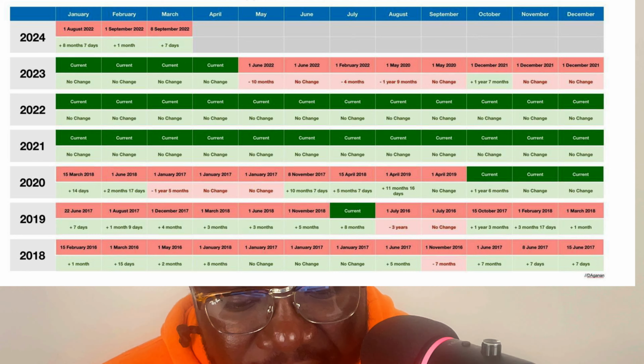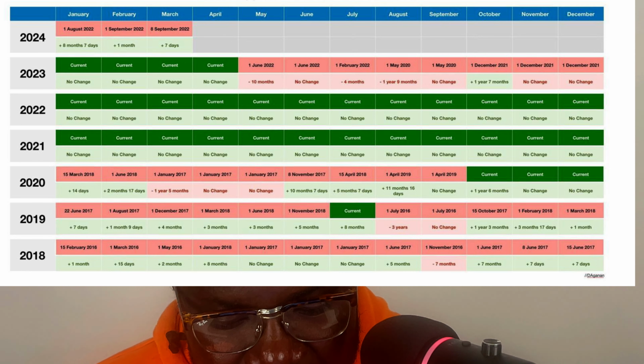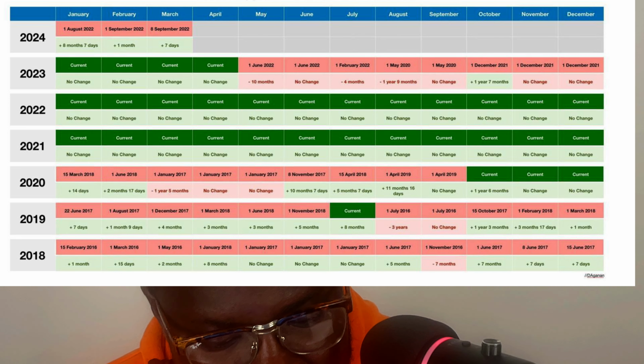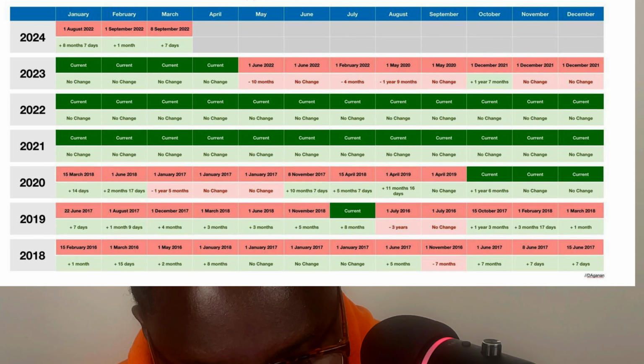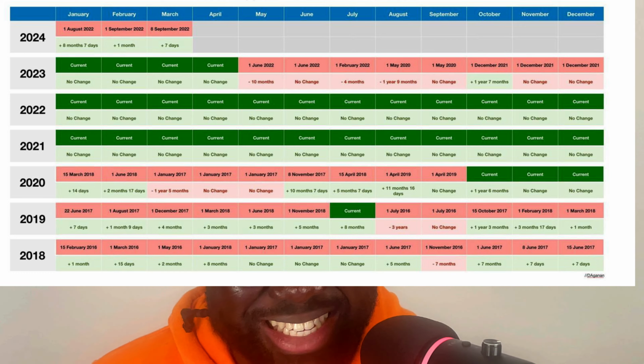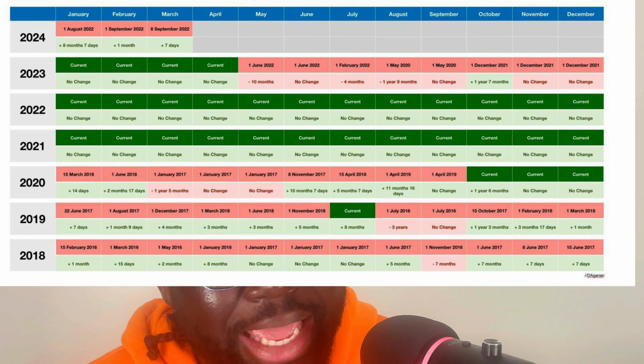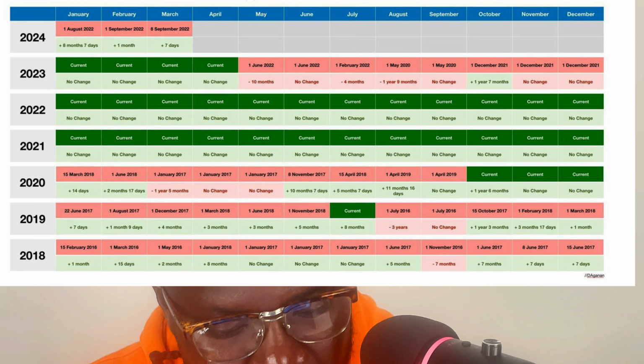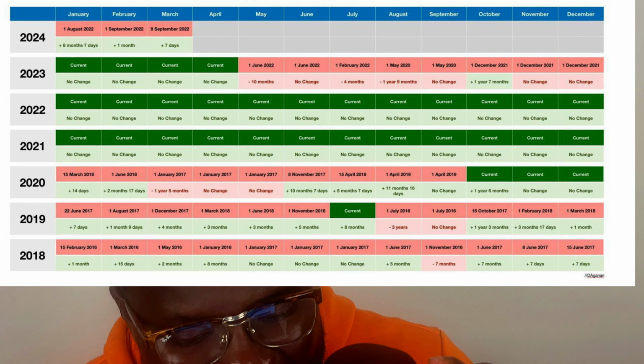Right. In August 2023, again, I think it was on 1st May 2020. Now, this is the catch. This is where it happened. It just retrogressed. It retrogressed 1 year, 9 months.